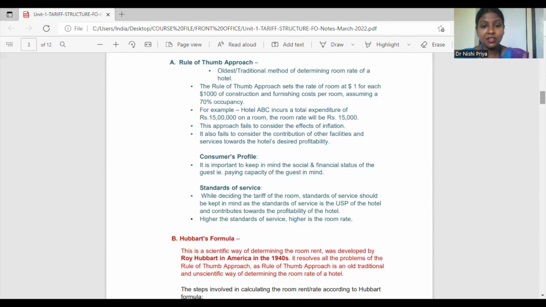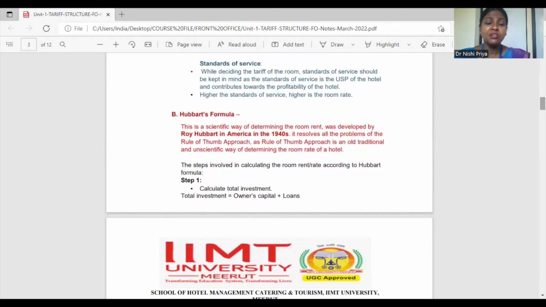Standard of services: while deciding the tariff of the room, the standard of services should be kept in mind, as the standard of services is the USP of the hotel and contributes towards its profitability. USP is unique selling point. When we have a standard of service fixed for the hotel, we have to decide the tariff of the rooms accordingly.